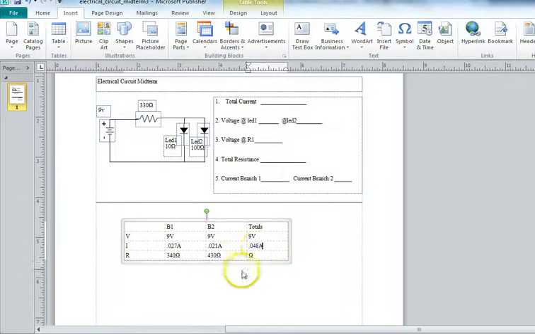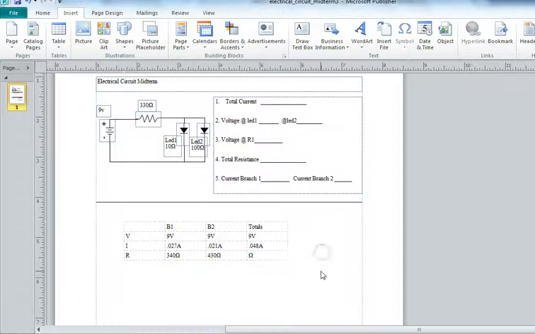And that's 48 milliamps, that's 21 milliamps, and that's 27 milliamps. But we don't have to say that yet. We just need to put these values in here. So then the question becomes, what is the total resistance? All right, so we've got the answer for branch 1 of 0.027, for branch 2 of 0.021, and we've got the total current at 0.048 amps.